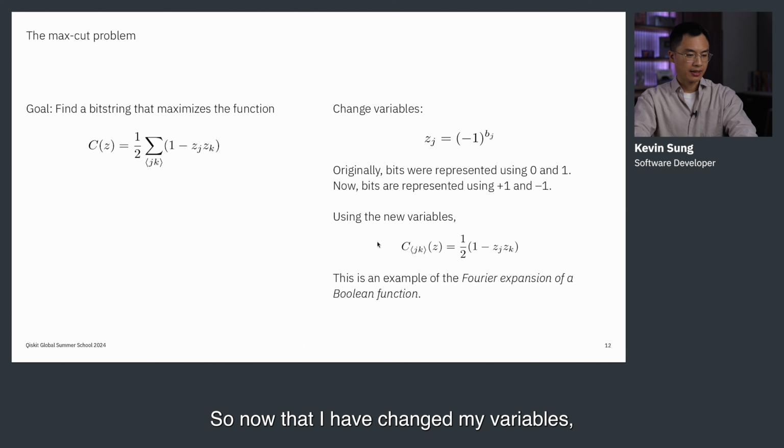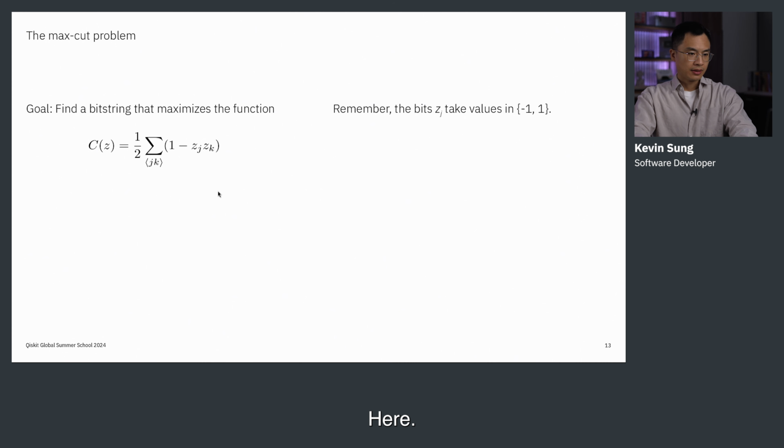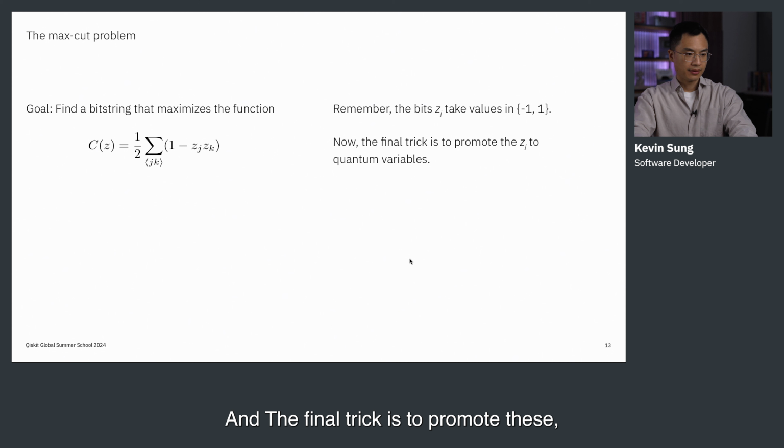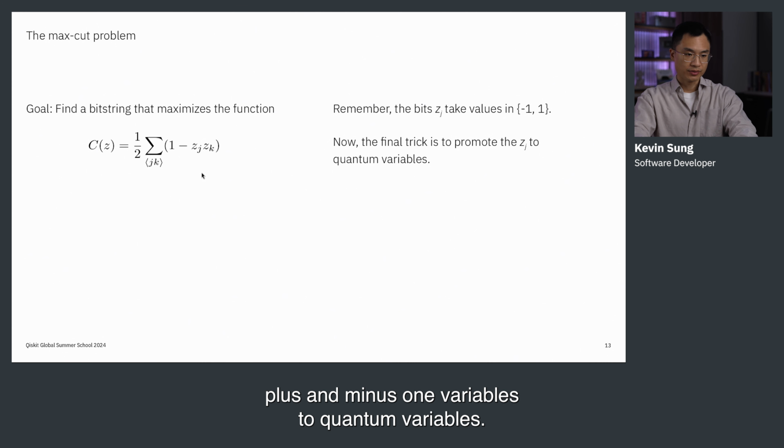So now that I have changed my variables, I can write my cost function like this here. And the final trick is to promote these plus and minus 1 variables to quantum variables.